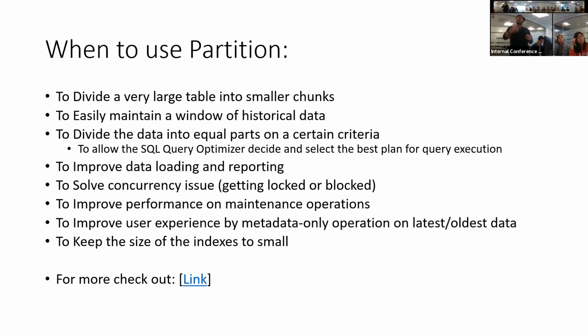So if the first partition has 1 million rows, the indexes go from 0 to 1 million. But for the next partition, it will start from 0 again. If we didn't have any partition, it would just keep adding up, and the index size would keep growing. But if we use partition, the indexes are kept small.